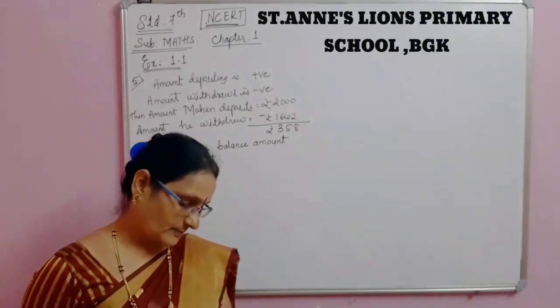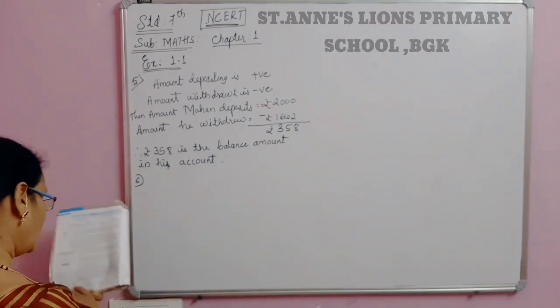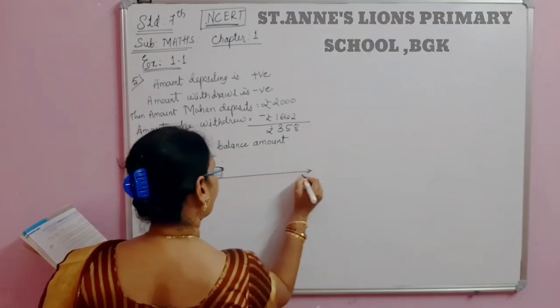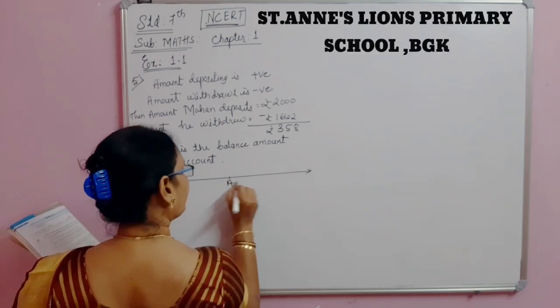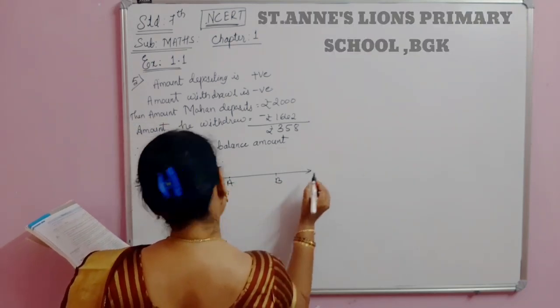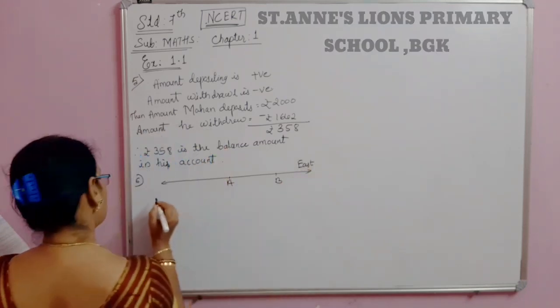Next, sixth problem. See, one picture is given there for you. Rita goes, here see. This is A and B, okay, and this is east and this is west.